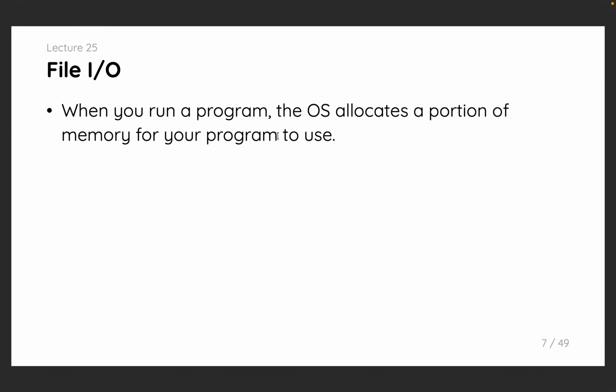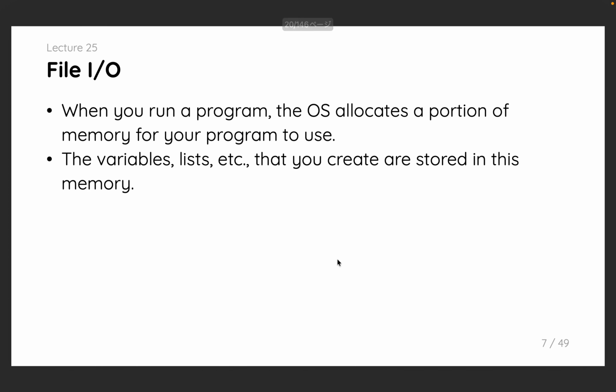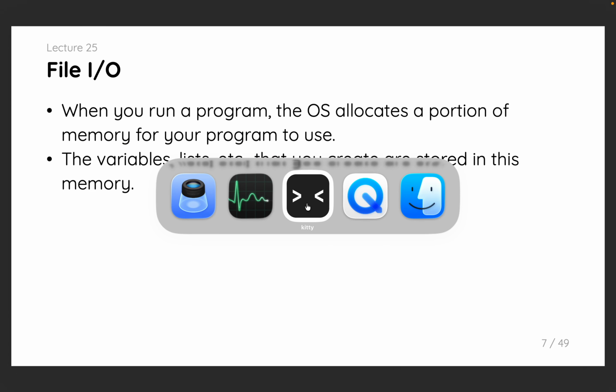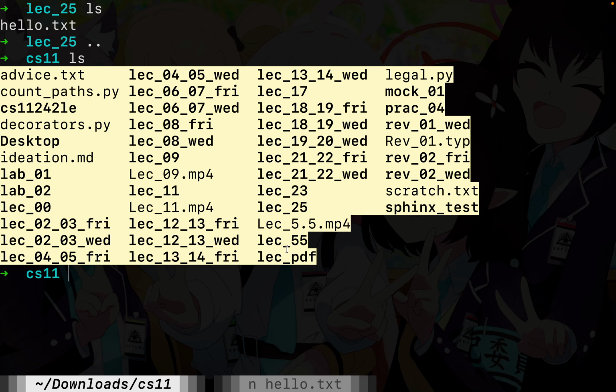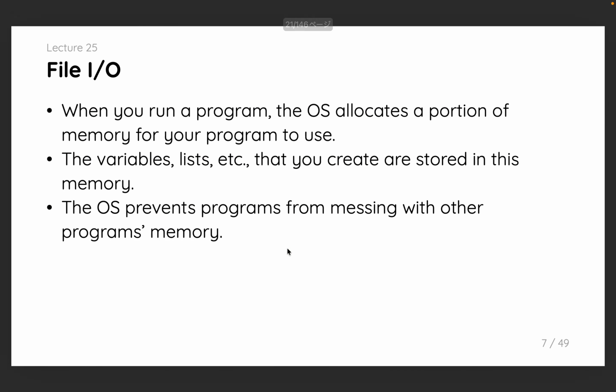Again, each program has its own fair share of memory. In that memory, what is stored is all of the variables, lists, etc. So for example, this terminal program has its own variables, lists, and so on. The OS prevents different programs from interfering with each other's memory.